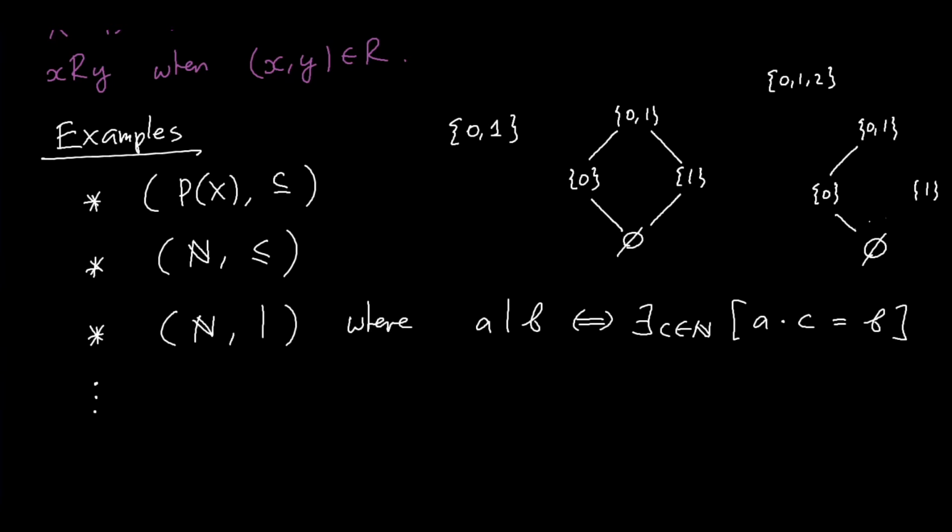So these pictures will be quite elegant in that case. So there we've got these elements, 0, 2, and 1, 2, and we've got these relations between them, and then we also have that one, and the top one will be the entire set, and that's how we get a cube.